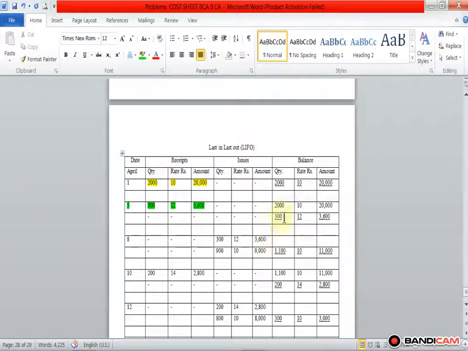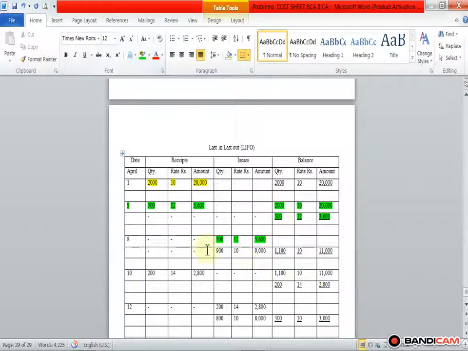So first of all we issue 300 quantity, first issue 300 quantity. Now the remaining material is issued from our remaining balance, that is the 2000 quantity.